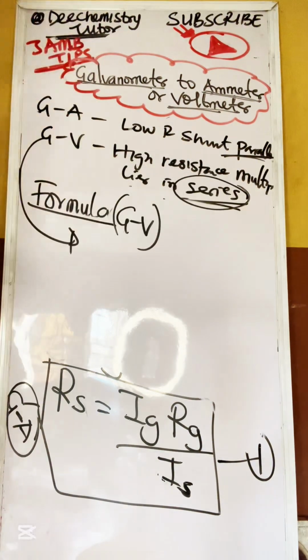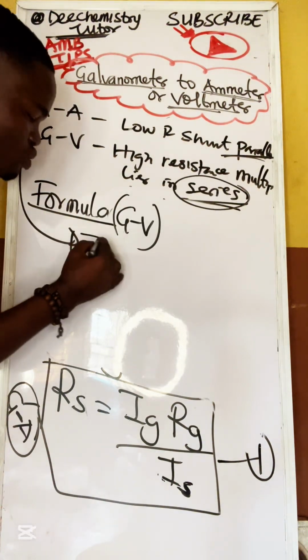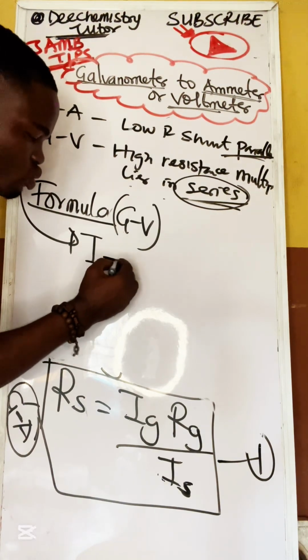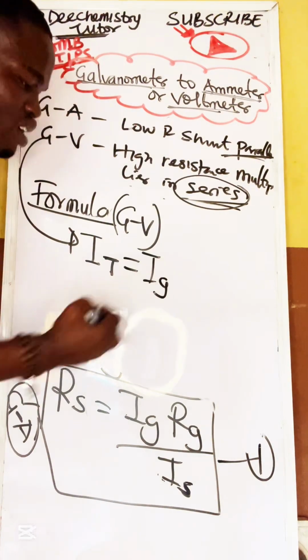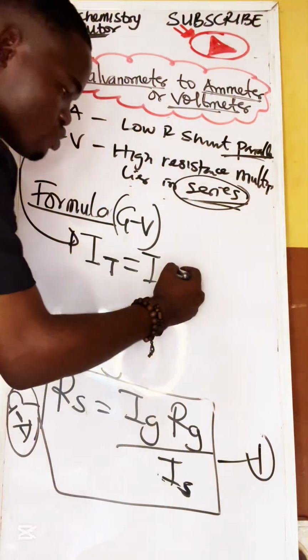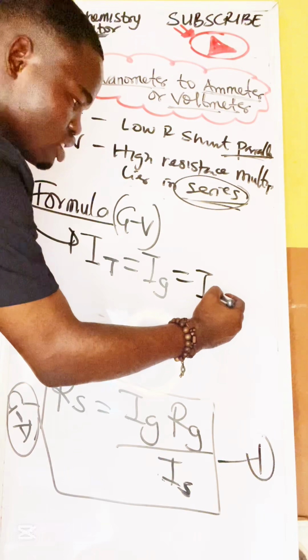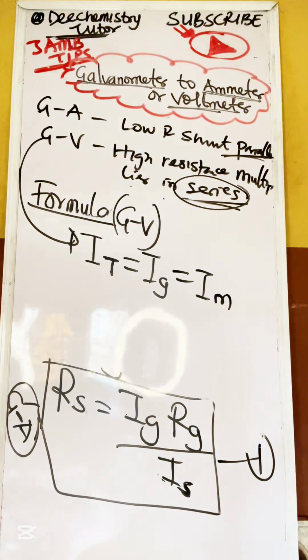This is what I need, series. So if they are in series, what happens to the current? We already established that the total current will be the same as the current that passes through the galvanometer. It will also be the same as the current that passes through the multiplier. We already established this fact.